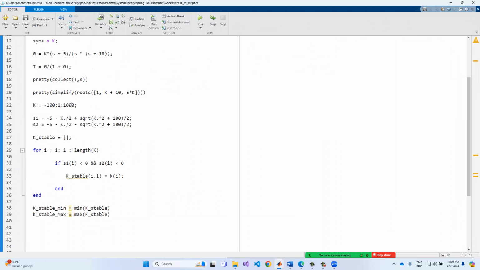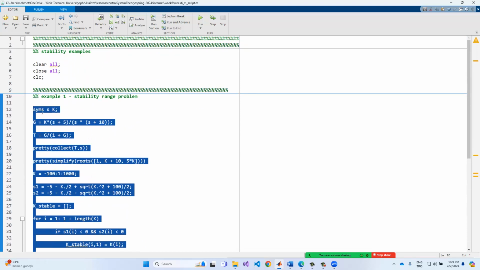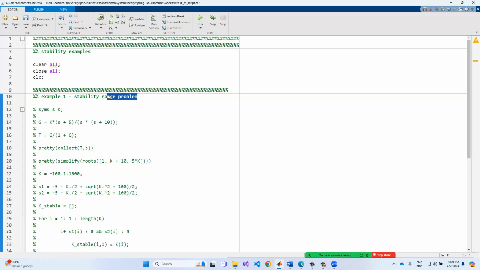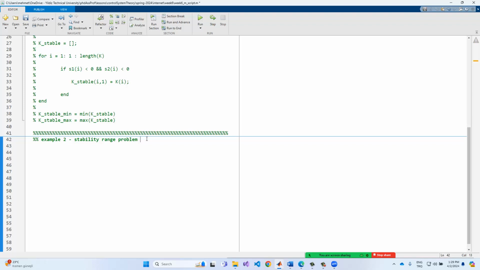This is the basic utilization of the response in here. So this is the first part, the stability range problem.